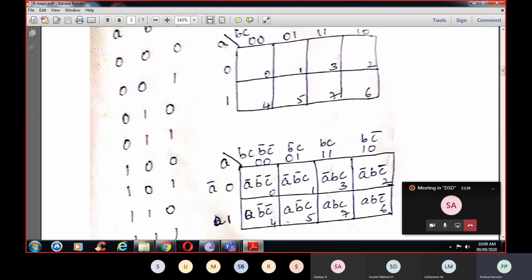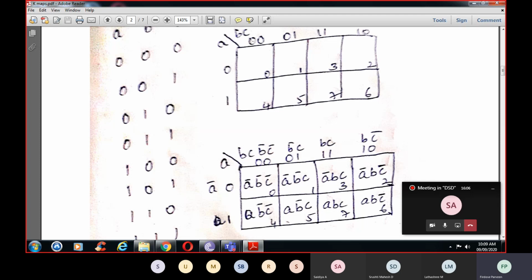Now, as A is a single variable, I'll have only 0 and 1. As here I have 2 variables, B, C, I'll write all the combinations: 0 0, 0 1, then 1 1, then 1 0. Why it is written this way: compare 0 0 and 0 1.